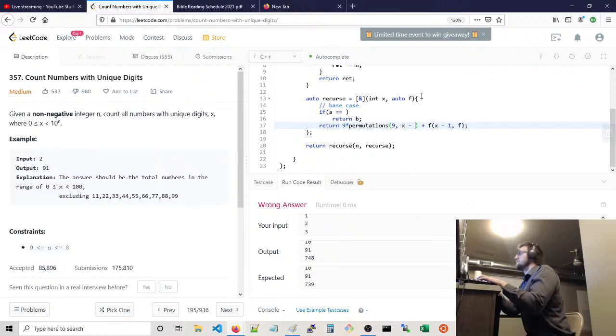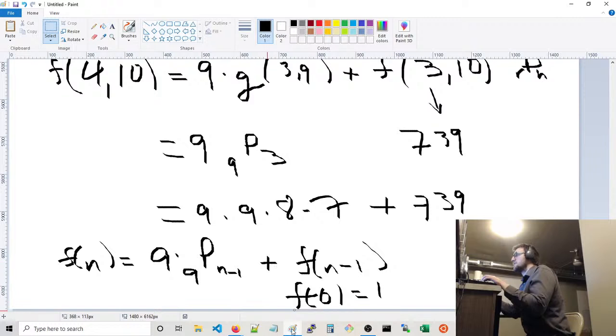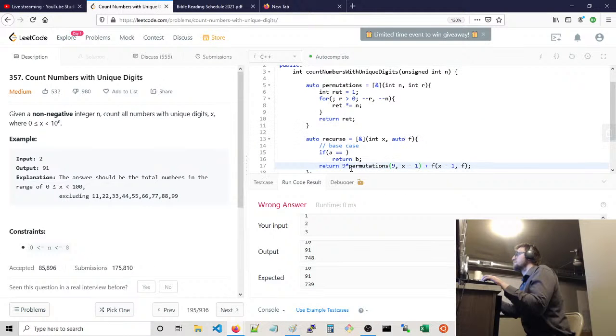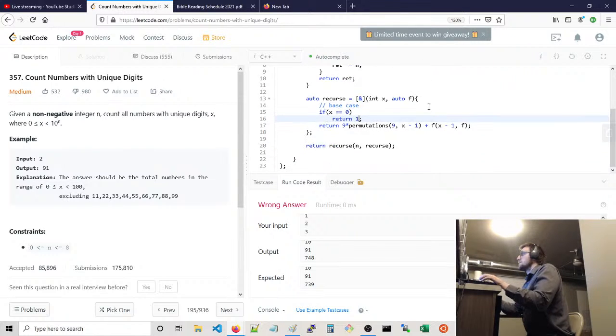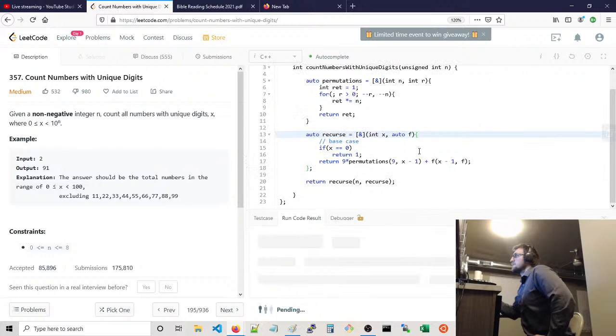It's x minus 1. That's what we said. And if x is equal to 0, return 1. And that's basically what we want.